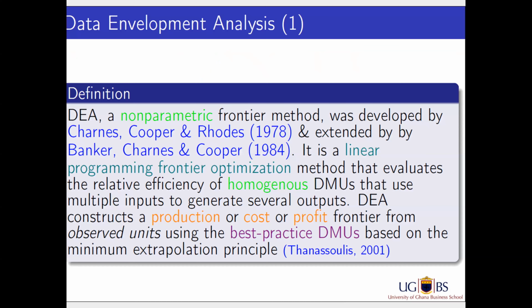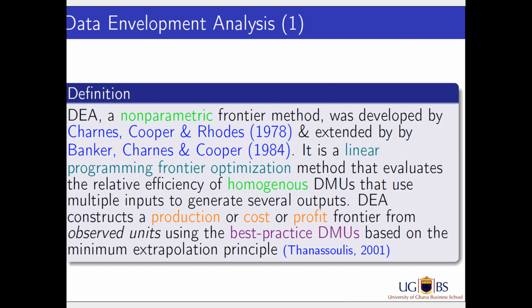Well, it does that by using the observed units. So when the DEA data is scattered, it constructs the frontier. We're going to look at that. And from the units, it will identify the best practice firms, the top guys, the superpowers, the super champions. It will identify them. These are called best practice firms. And it will use a certain principle, which according to Thanassoulis's book, is the minimum extrapolation principle.